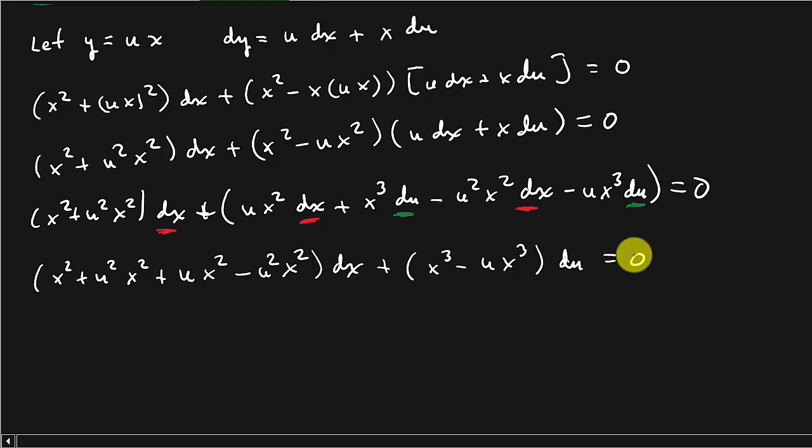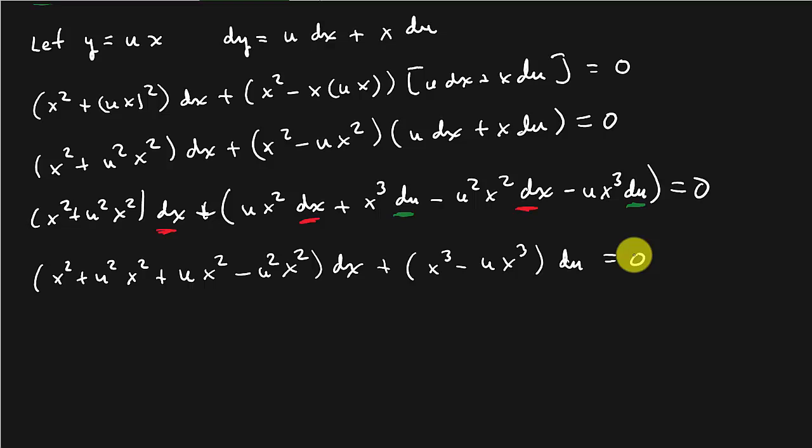And so what we have here, look at that: that term and that term are going to cancel out. So that's actually going to give me, let's write it like this: x squared times 1 plus u dx.